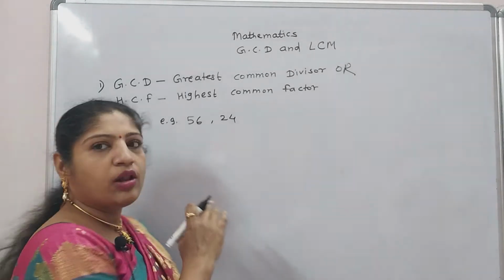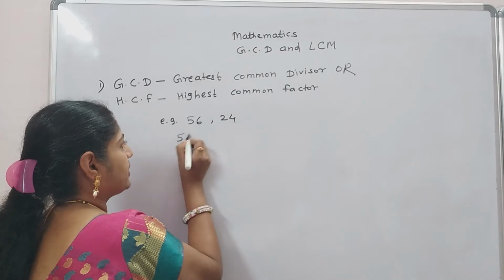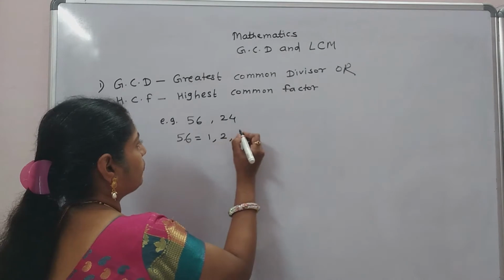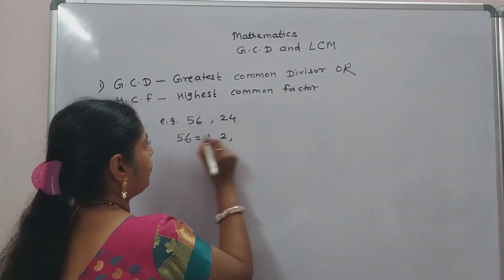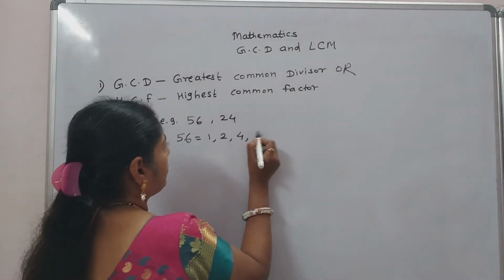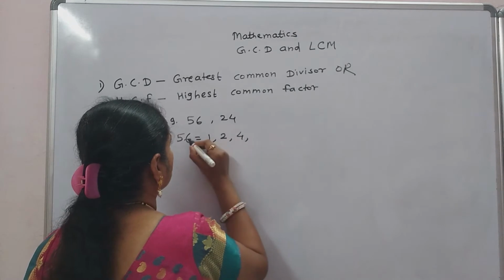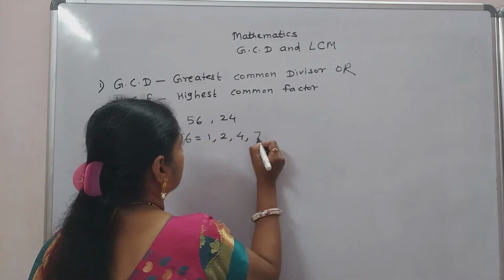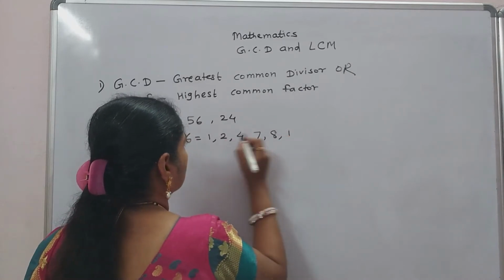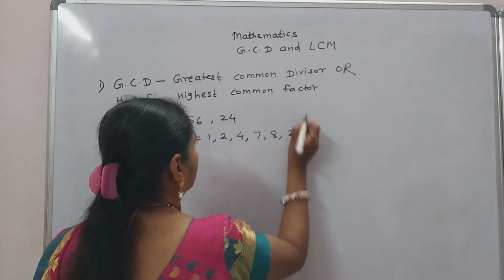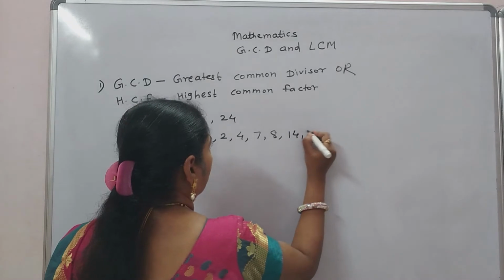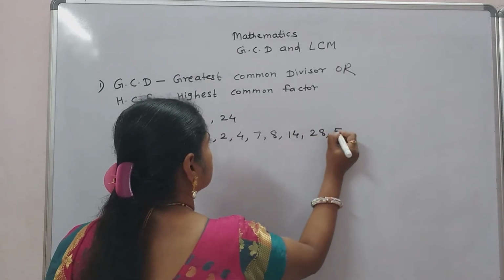First of all, I write all the factors of 56. 1, 2, 3 is not a factor of 56, 4, then 5 not, 6 not, 7, 8, 14, 28 and 56.